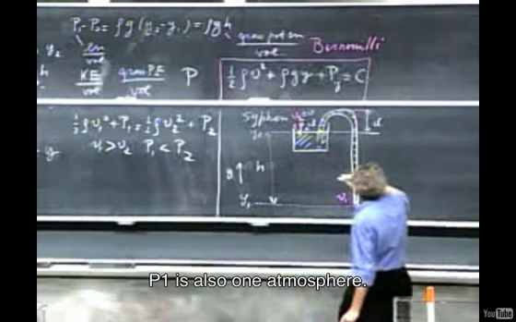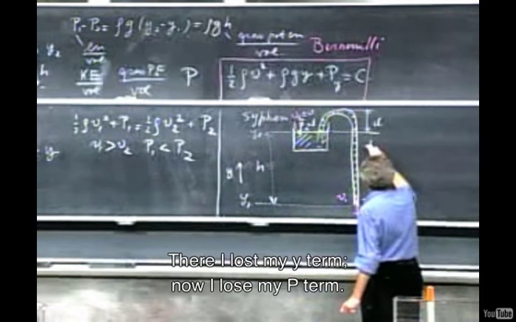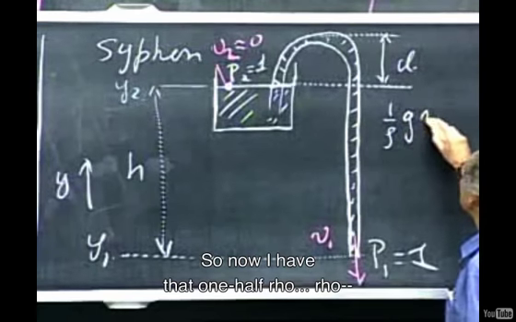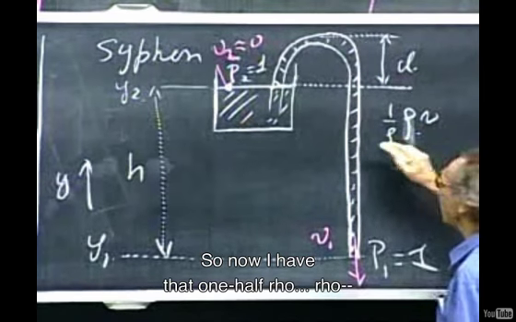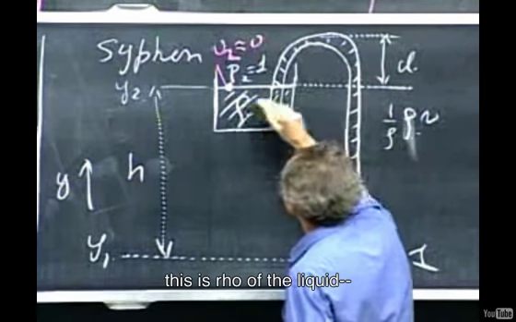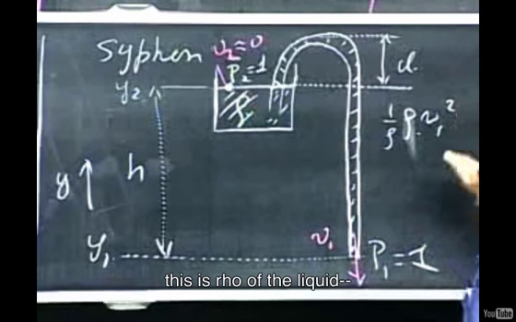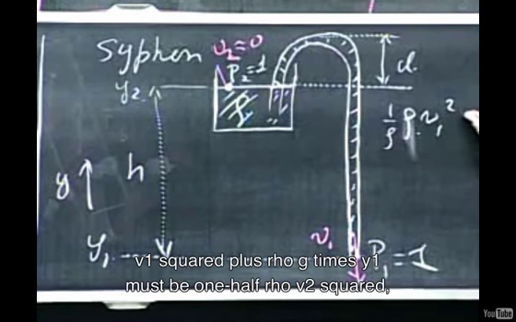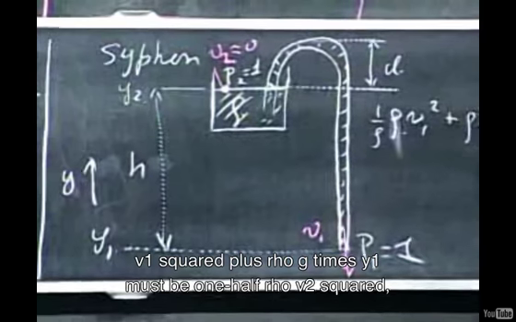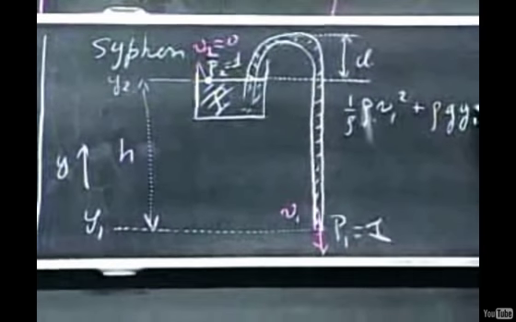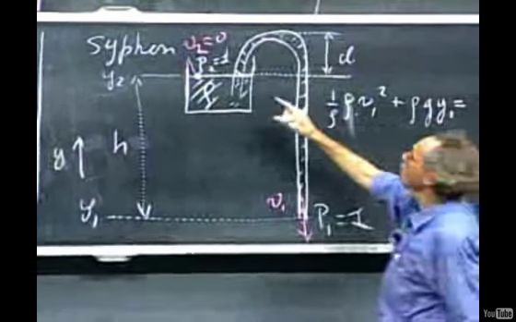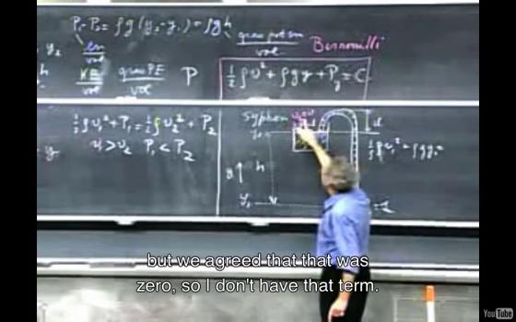So now I have that 1/2 rho, this is rho of the liquid, V1 squared, plus rho G times Y1, must be 1/2 rho V2 squared, but we agreed that that was 0, so I don't have that term.